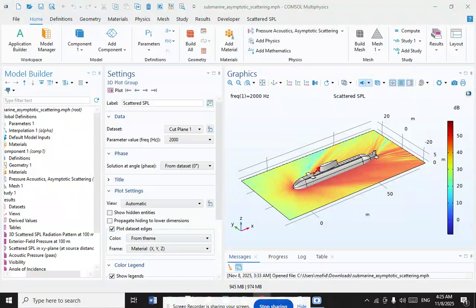This development delves deeply into scattering near the BeTSSi benchmark submarine at high frequencies. The border between pressure acoustics and asymptotic scattering is approximated in this model. When the frequency is high enough, the wavelength is significantly less than the scattering item, hence the analysis is quick and accurate.